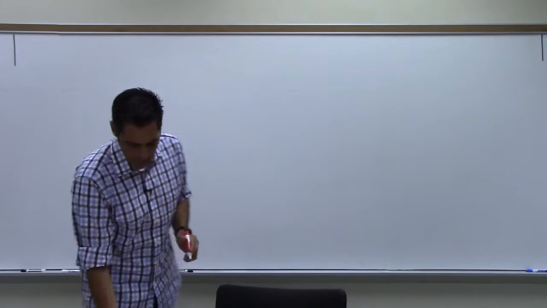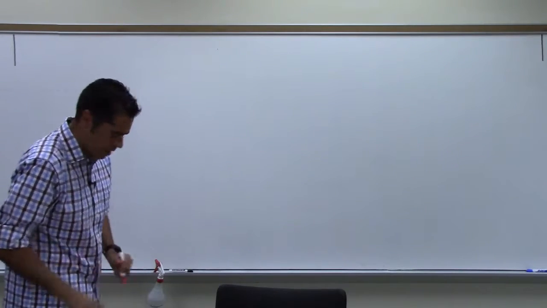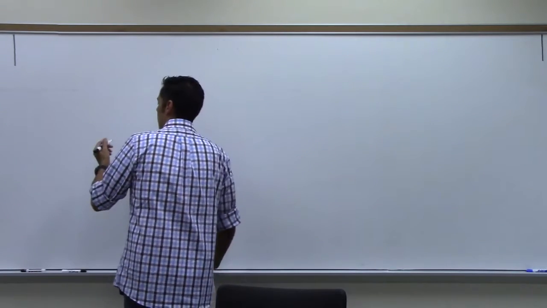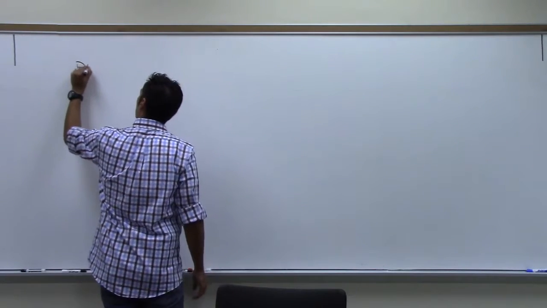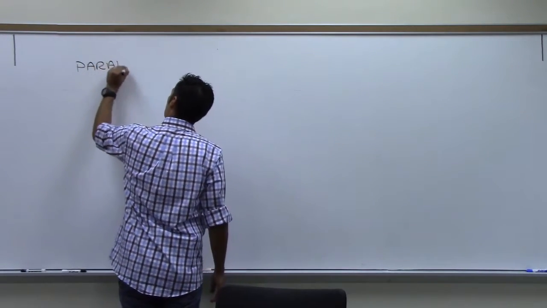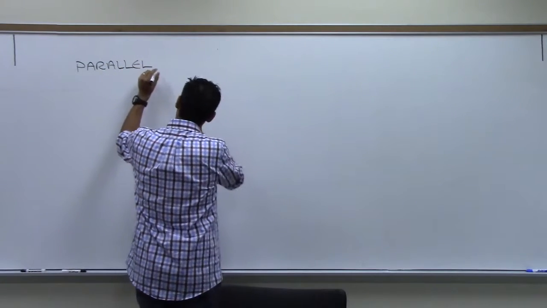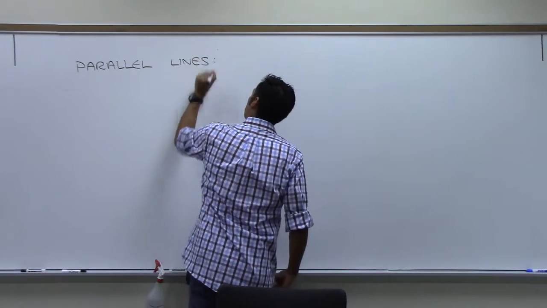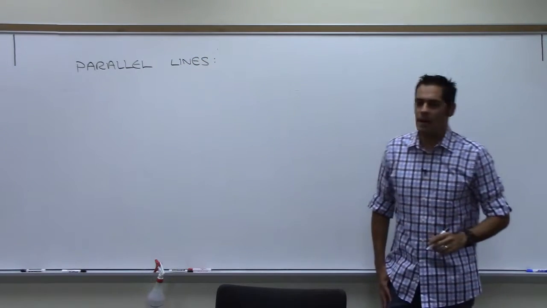We were talking about parallel and perpendicular lines, and what we need to do is come up with a formal definition for each one. So parallel. Let's start with parallel lines. How do we define two parallel lines?